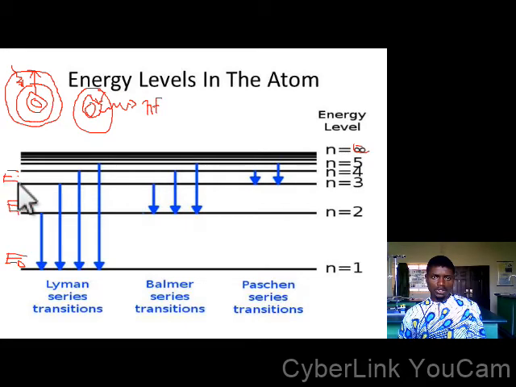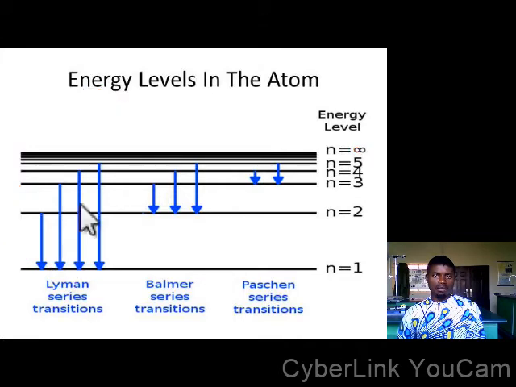This one is jumping from E2 to E0. This one is E3 to E0, E4 to E0. And then this one is from E2 to E1, E3 to E1, E4 to E1, in that order. So this is what we mean by energy level in an atom.